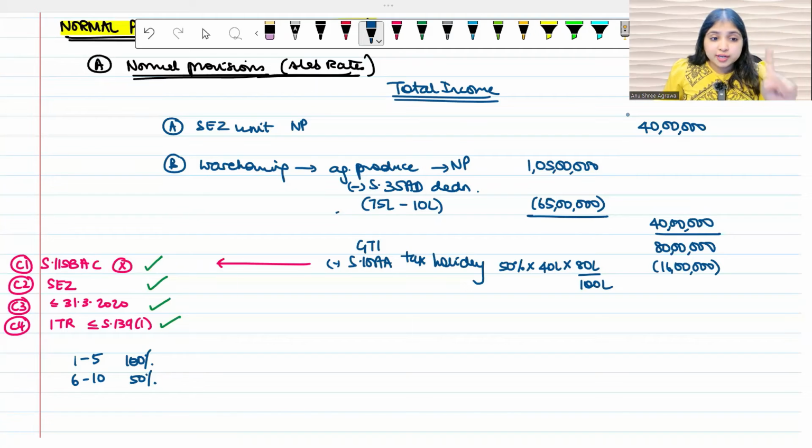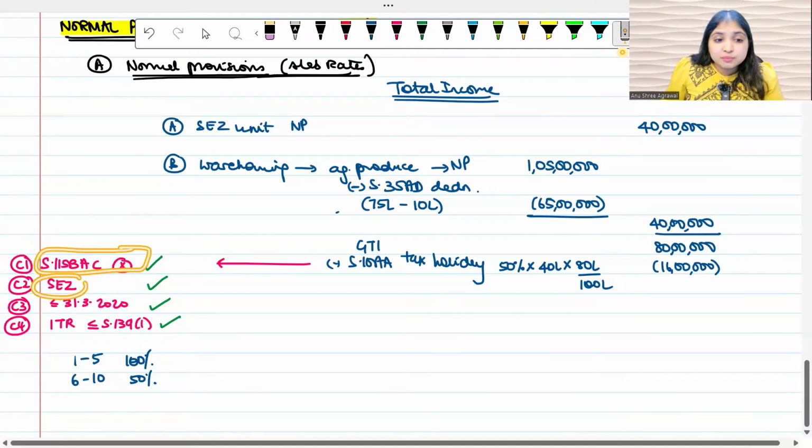Condition number 2: the assessee must be having a unit in SEZ. From this SEZ unit, he must be either doing manufacturing of goods or rendering services, and he must have started that work on or before 31st March 2020. And condition number 4: he must have filed the ITR on time, within 139(1) itself. This assumption we are making in the question.